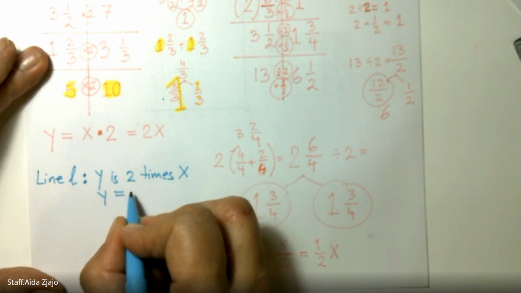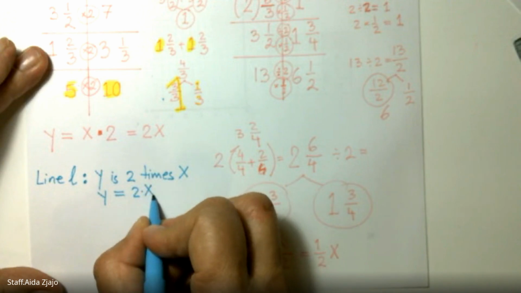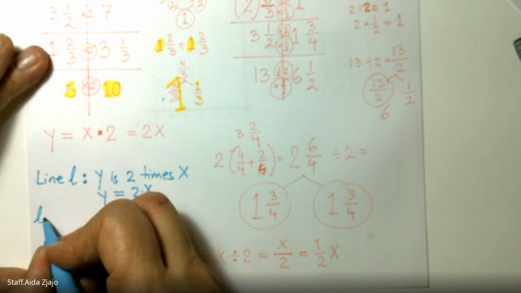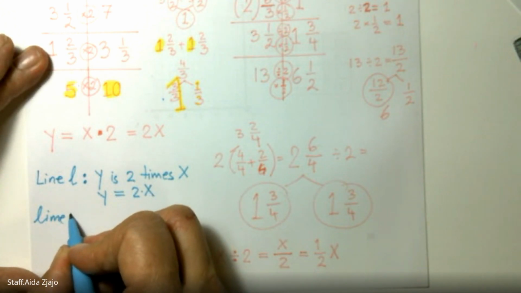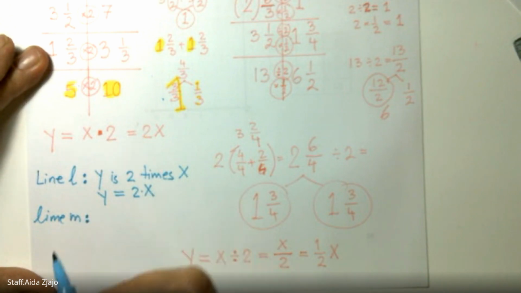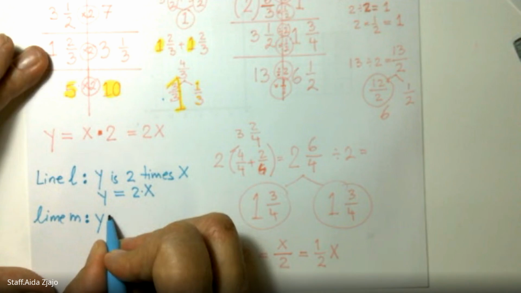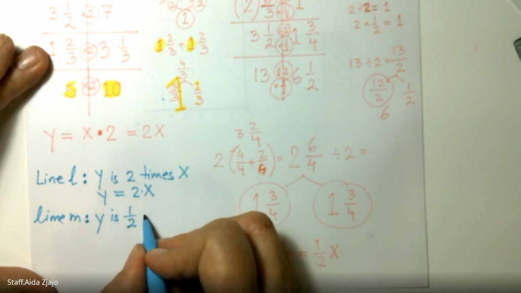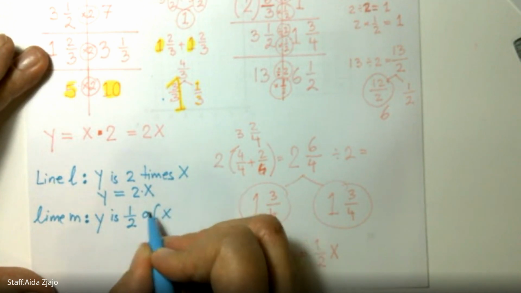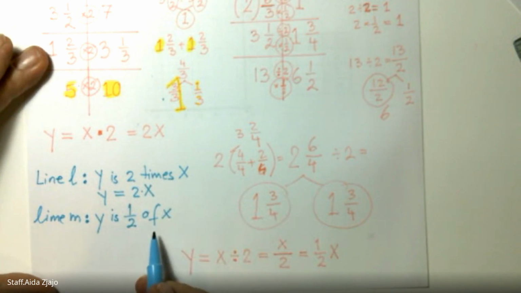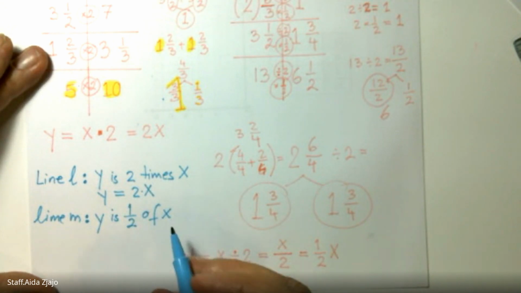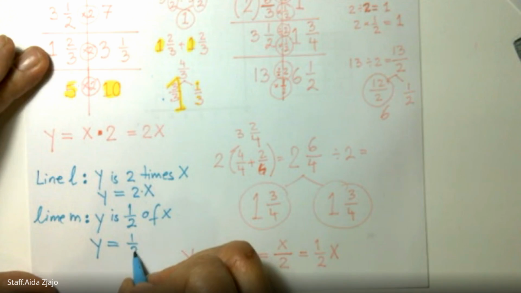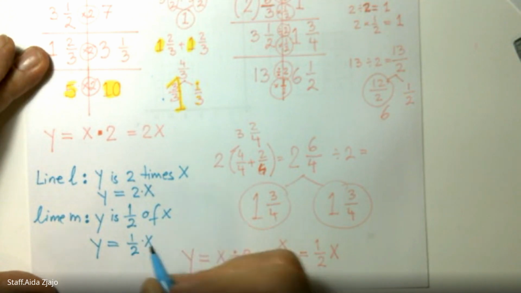Or line M: y is 1/2 of x. Y is 1/2 times x.